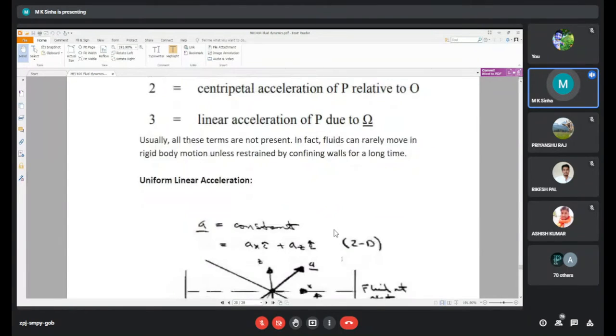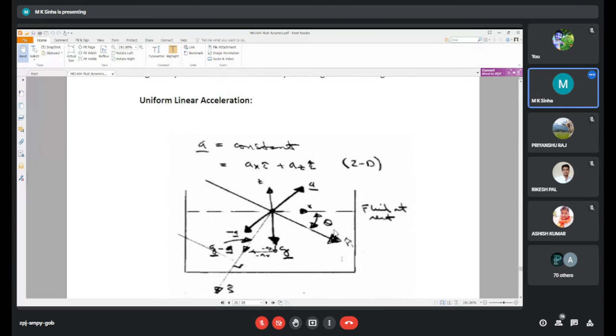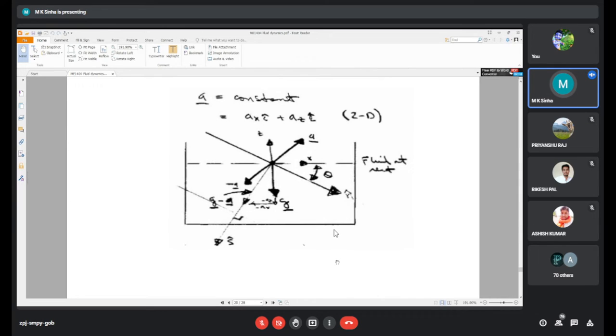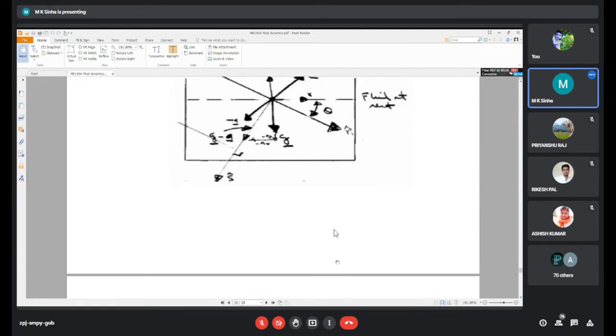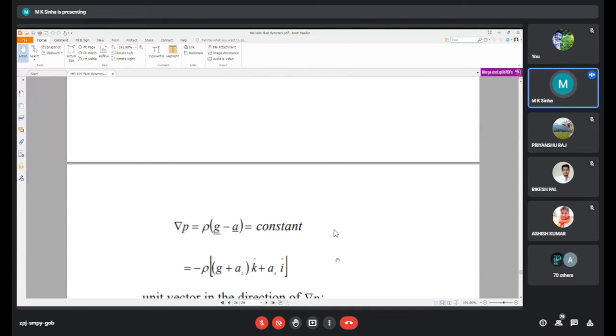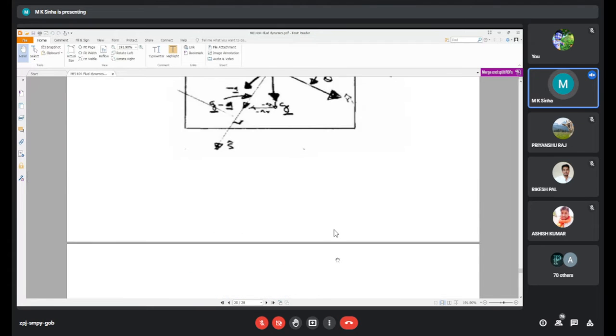Now the uniform linear acceleration case. Here the fluid is moving with linear acceleration. The acceleration is two-dimensional, written as a_x i plus a_z k. The pressure gradient del P, from the Navier-Stokes equation with the dissipation term eliminated since mu del squared V is constant, equals minus rho times (g plus a_z).